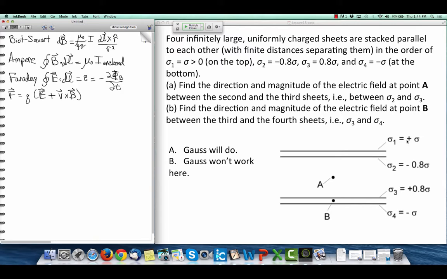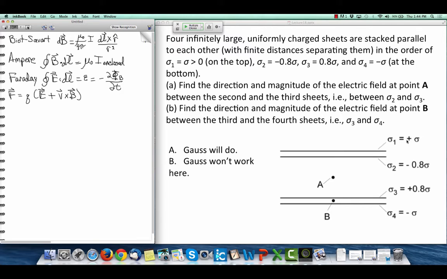With 4 sheets, you're asked for the direction and magnitude of the electric field at 2 different points, point A and point B. My first question for you is just, can you use Gauss's law, or are you going to have to do a whole bunch of integrals?